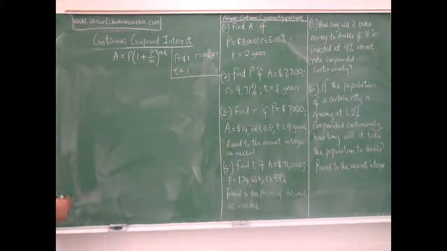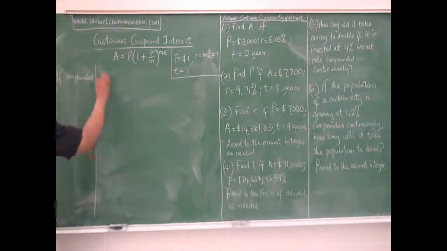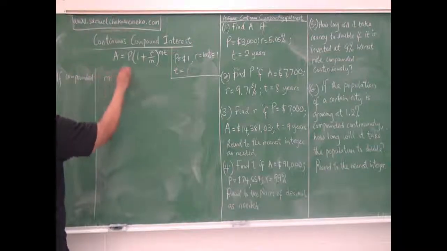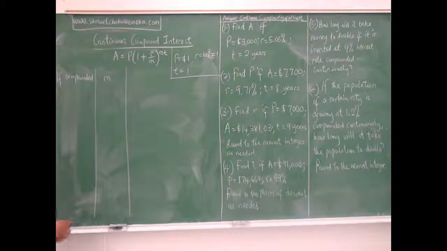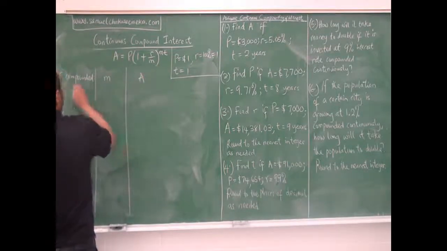Then we make a table. If compounded, then we have our m: how many compounding periods per year? And then we have our A: what will be the amount after that?